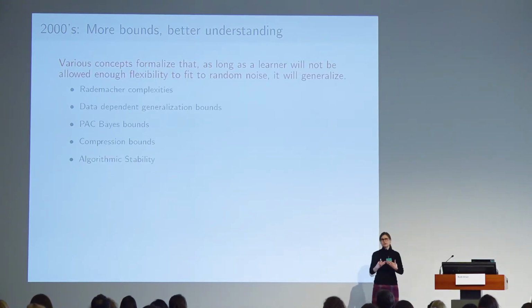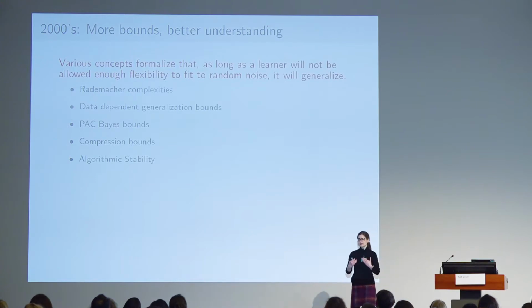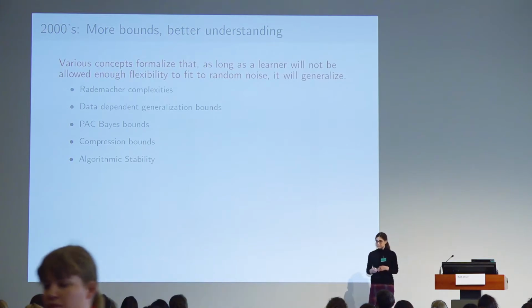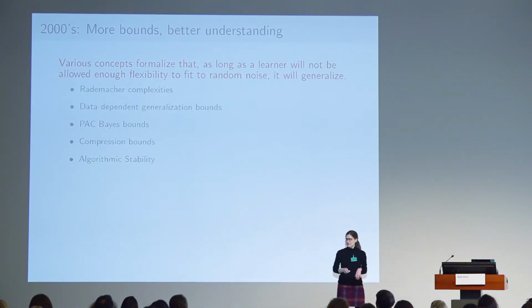Also, people were starting to look at how properties of a learning algorithm, rather than of the type of predictor that we use, can lead to good generalization performance. So things were understood better and better.